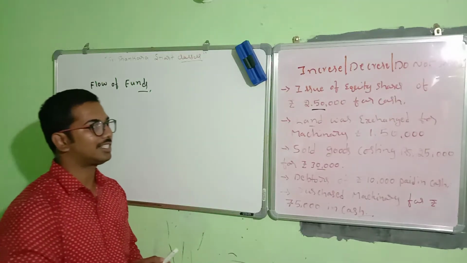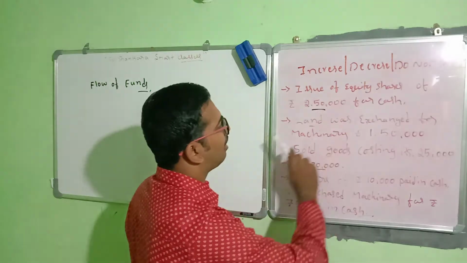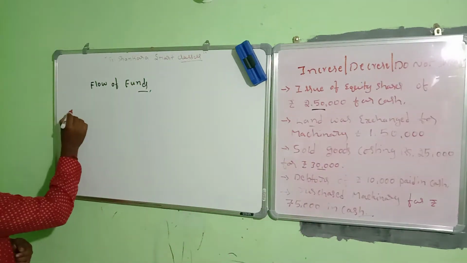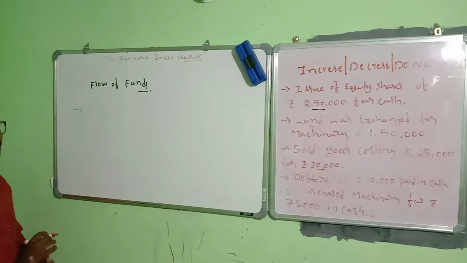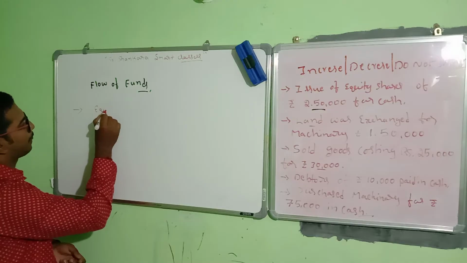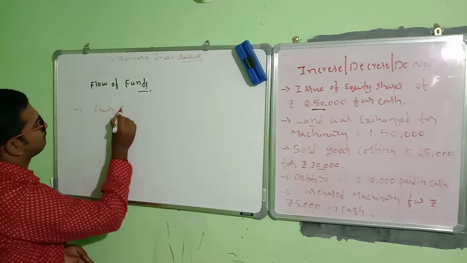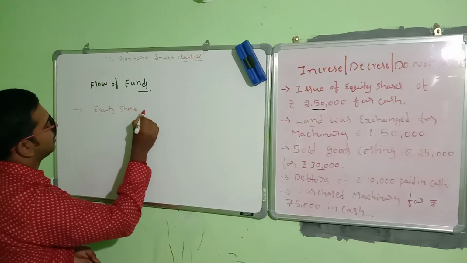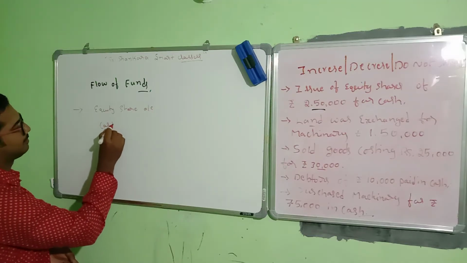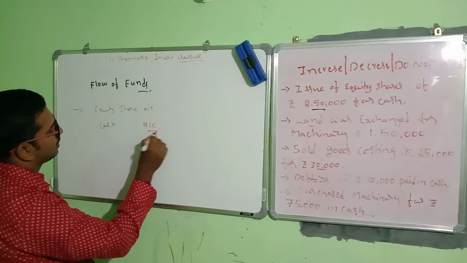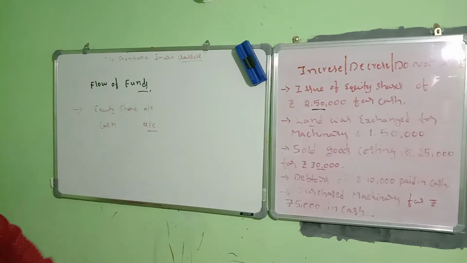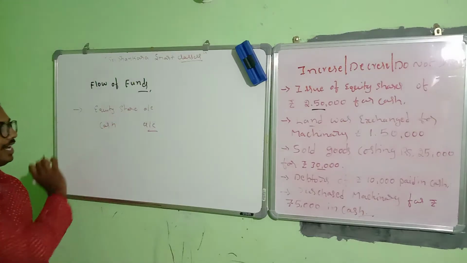Look at the first transaction: issue of equity shares of rupees 2,50,000 for cash. First step, identify the accounts. One is the equity share capital account, another is the cash account.